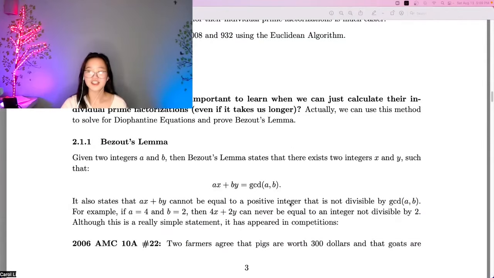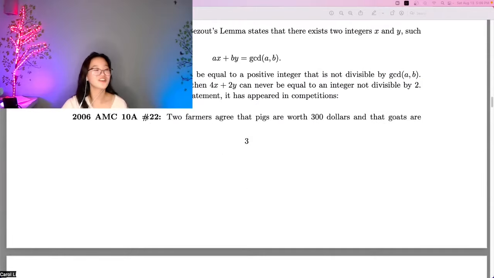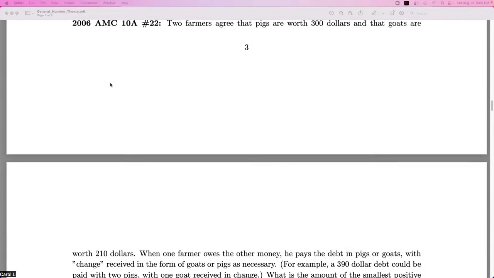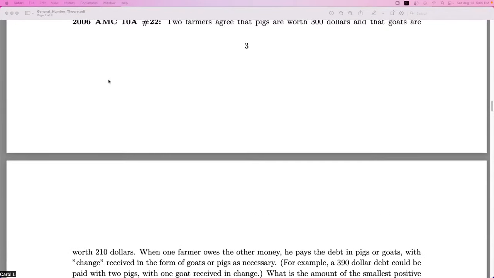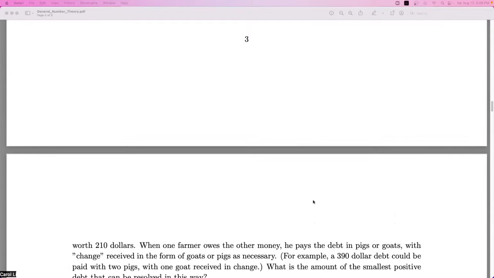It seems really easy, but it's actually been an AMC question. This is number 22, from about 4 years ago. It asks what the smallest possible debt you can get is.